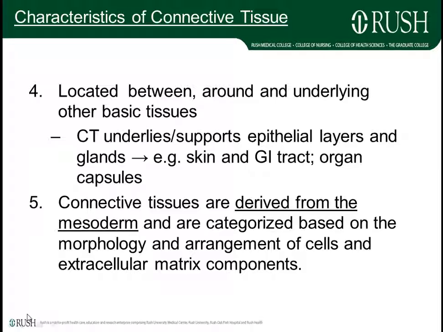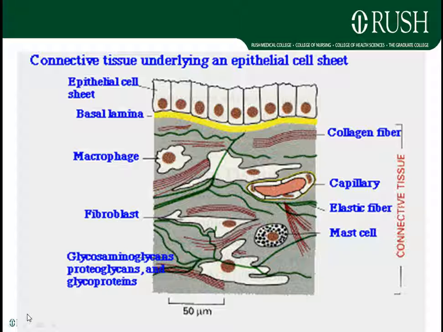Connective tissues are derived predominantly from the mesoderm and are categorized generally by the morphology and arrangement of their cells and matrix components. This diagram shows a generalized connective tissue compartment.